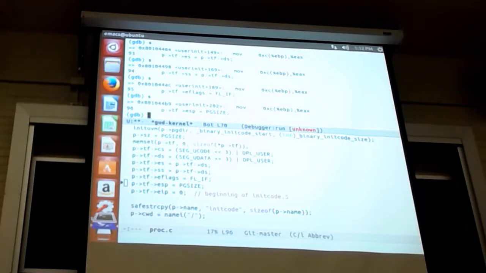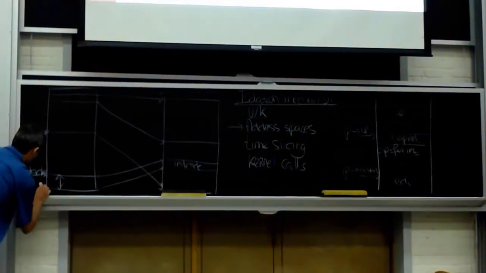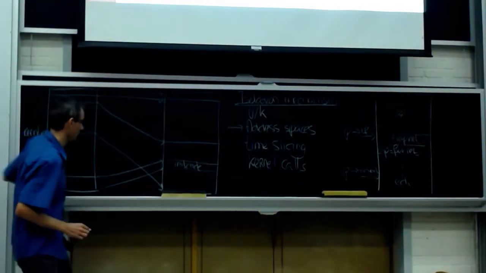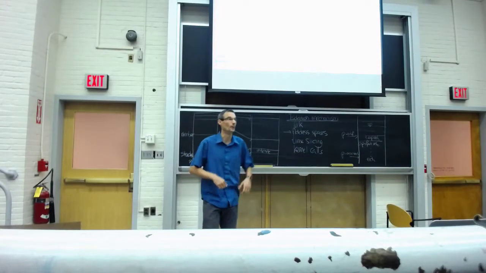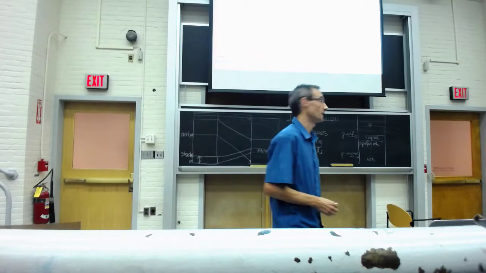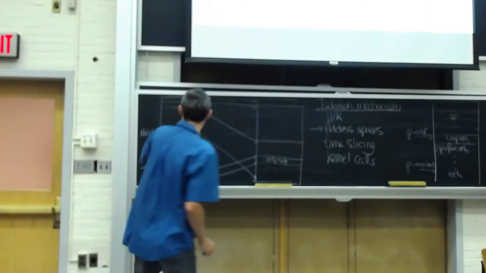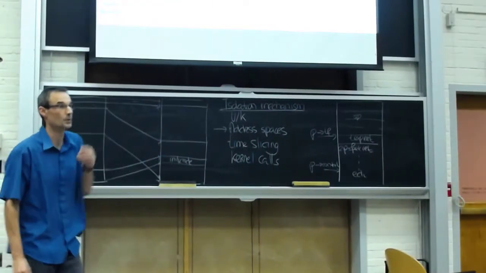Every process has 2 stacks, and this is setting up the user stack part. Then the next instruction sets the EIP to 0, where the idea is that address 0 is the first address, pointing to the first instruction of init code. So we're hoping to return to user space with the stack pointer set to 4096 and the EIP set to 0.